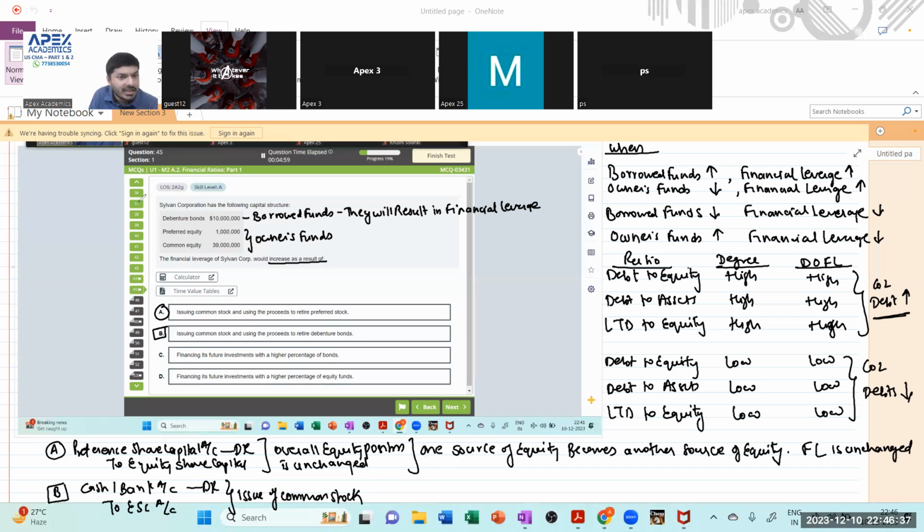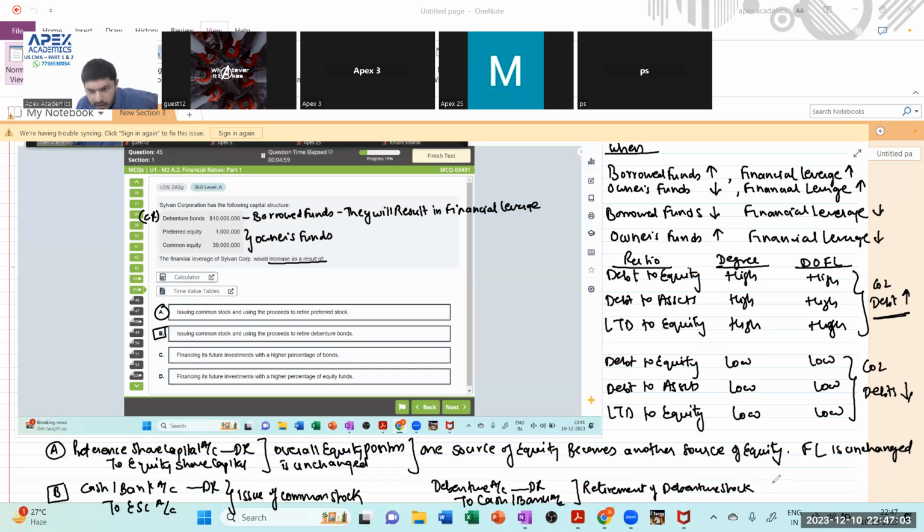Debenture bonds are fundamentally a liability. They will have credit balance. Now I'm paying them off, so debenture account debit to cash bank account. This is retirement of debenture stock.